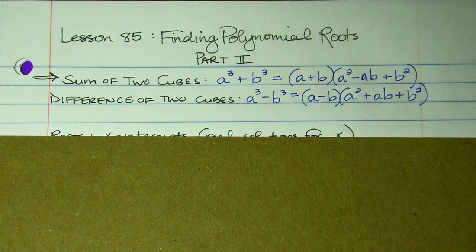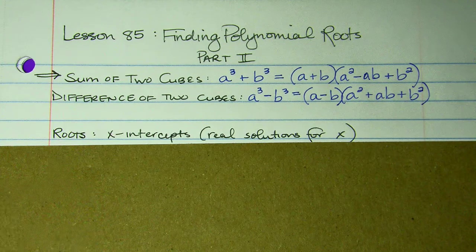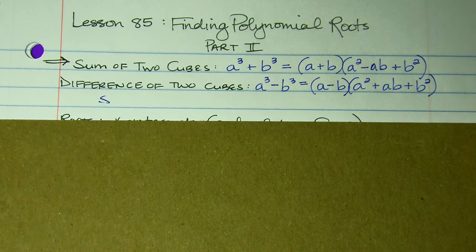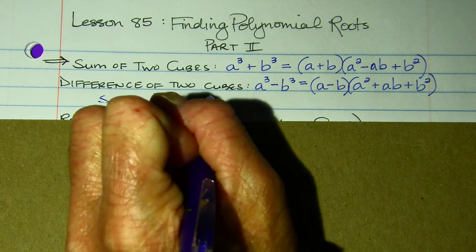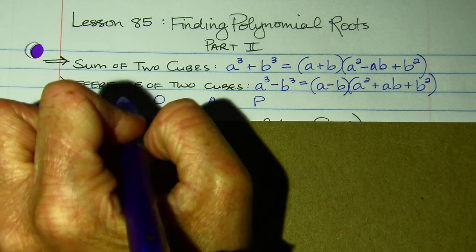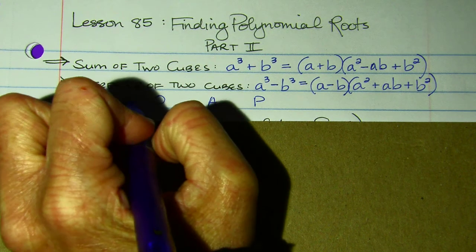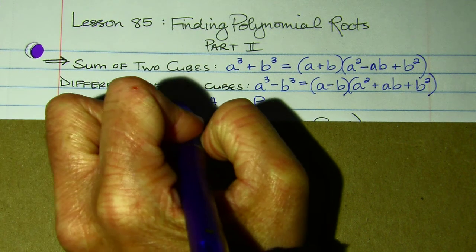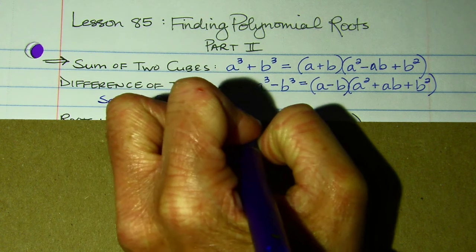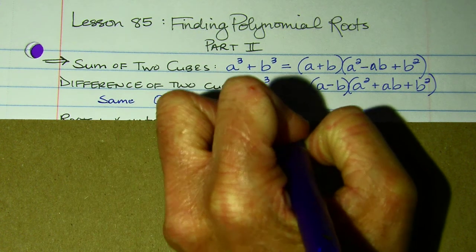And there is an acronym to remember the signs, and that is SOAP. S-O-A-P. The first sign is the same. The next one is opposite. The last sign is always positive.